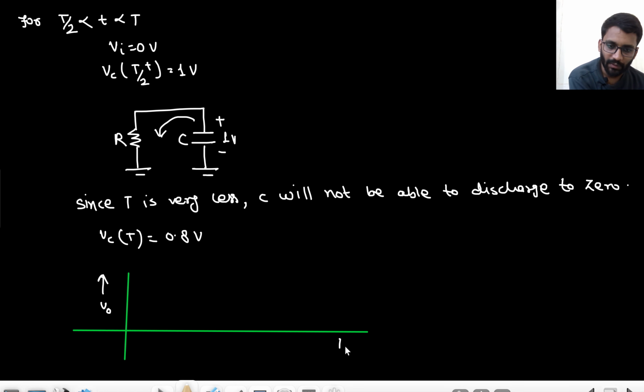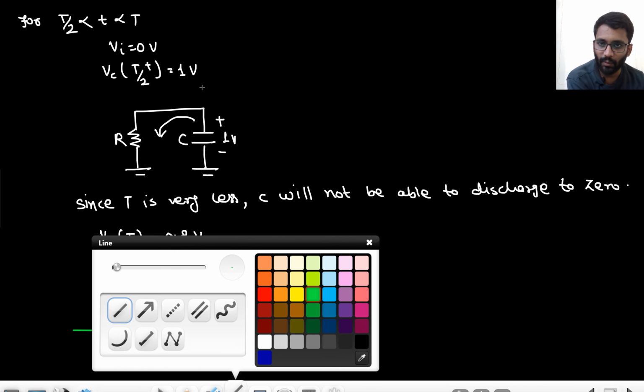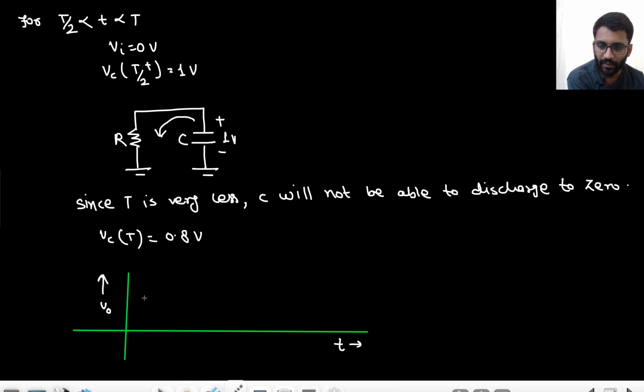This is your V naught versus time t. At T by 2 plus it was 1 volt. Now from 1 it is discharging to 0.8.